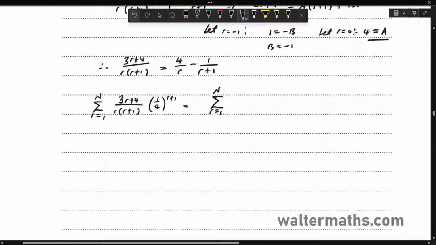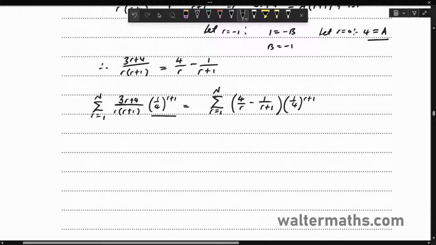So essentially we'll be having 4 over r minus 1 over r plus 1. Alright, and that's of a quarter to the r plus 1.